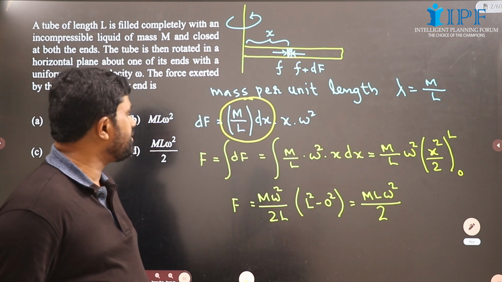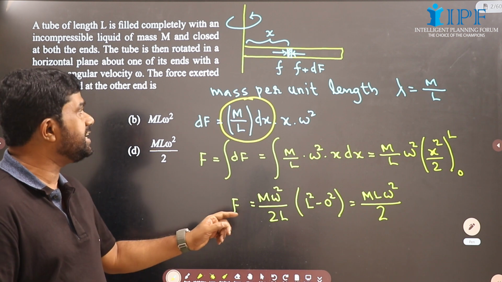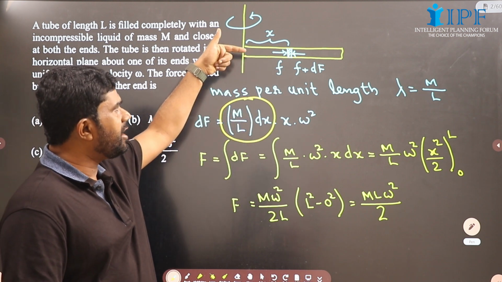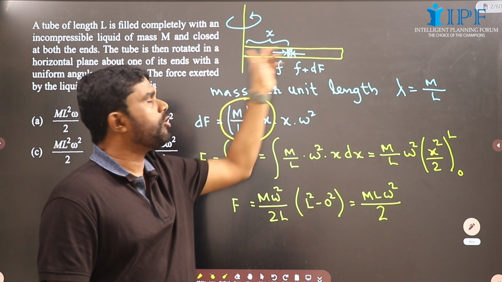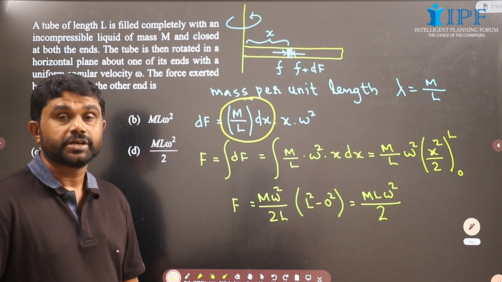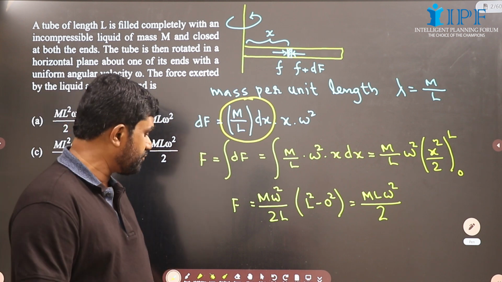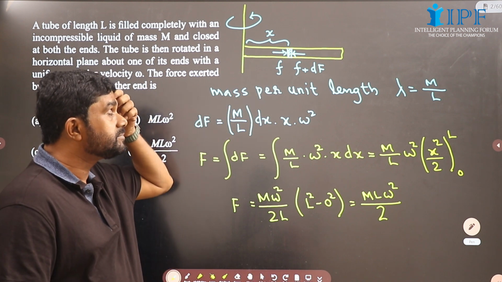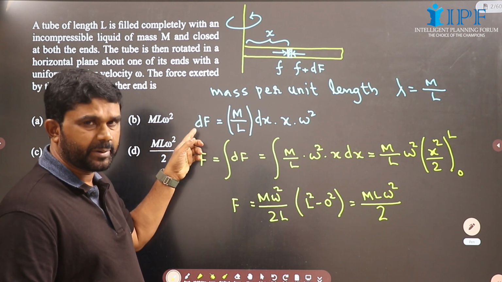So the resultant force is dF, and that provides the centripetal force.